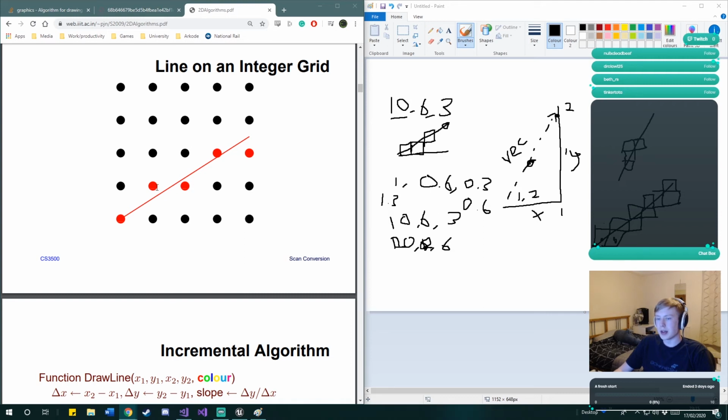We're going diagonally. Again, if it's in a straight line, fair enough.